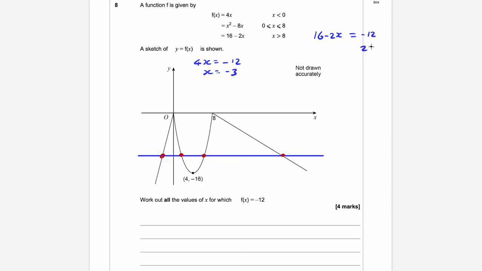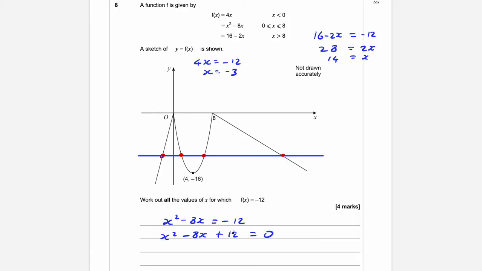That means 2x, if I add the 2x here and add the 12 there, equals 28, and x equals 14. Okay, so that's the solution. And then this one, the quadratic, let's do it here. X squared minus 8x equals negative 12. Quadratic, solve it. X squared minus 8x plus 12 equals 0. Factorize this.